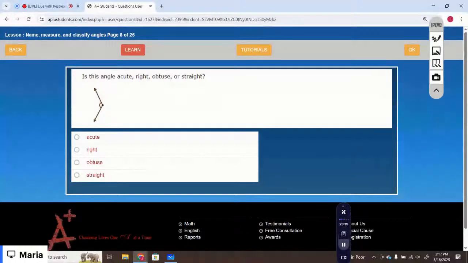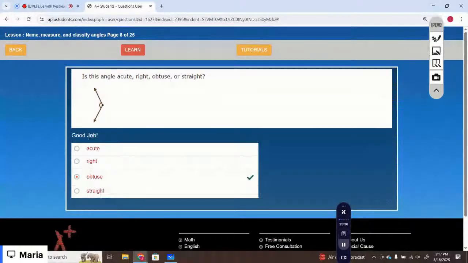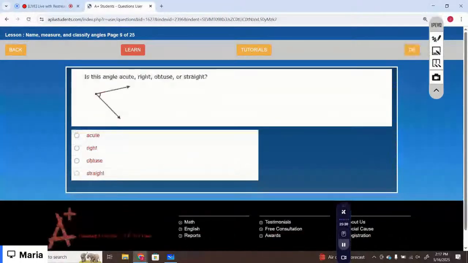Is this angle acute, right, obtuse or straight? That is an obtuse angle because the measurement of the angle is more than 90 degrees.